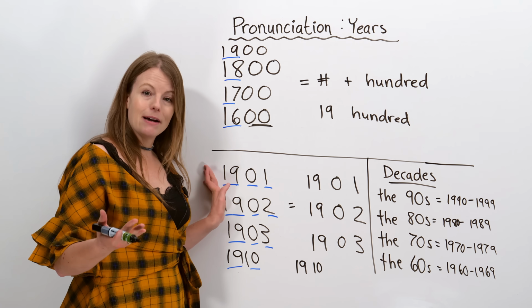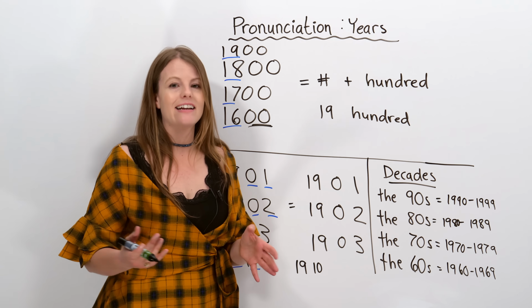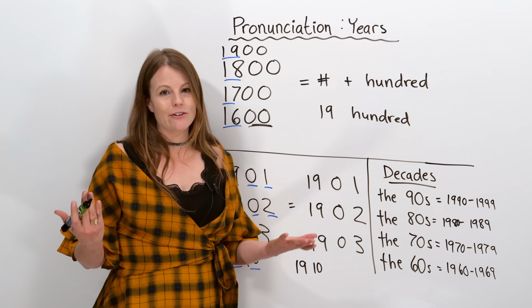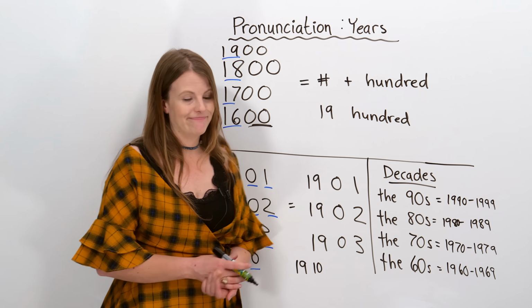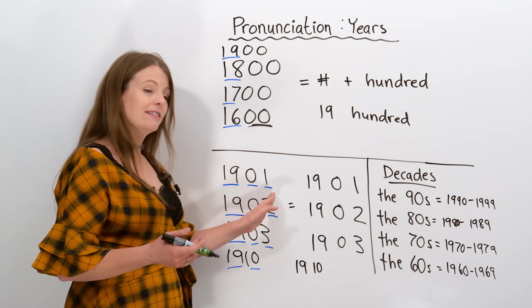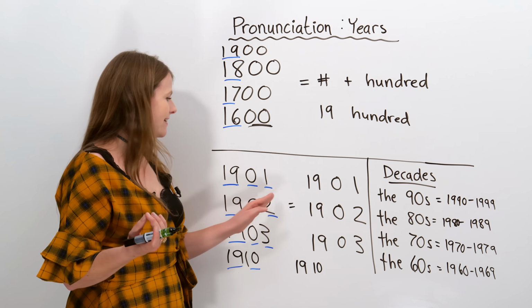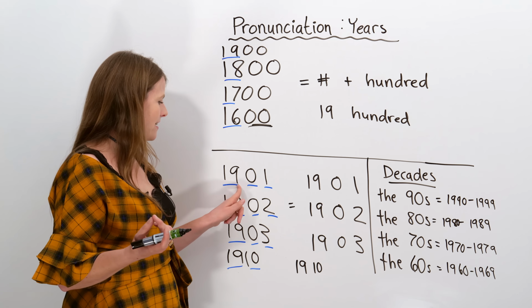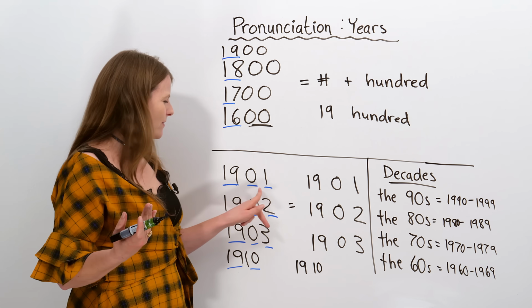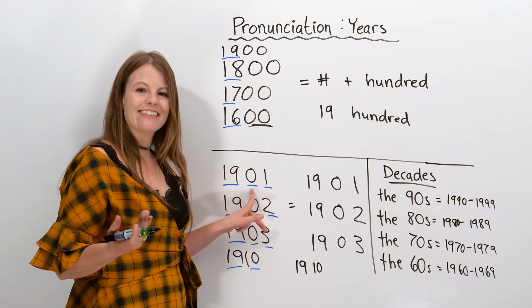When we're talking about the early 1900s, we have a certain way of pronouncing that as well. So we have here 1901. The pronunciation of this is 1901. You might think, why do we say O? This is a 0.